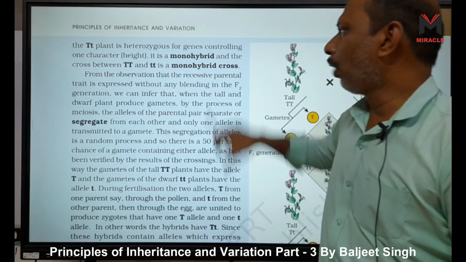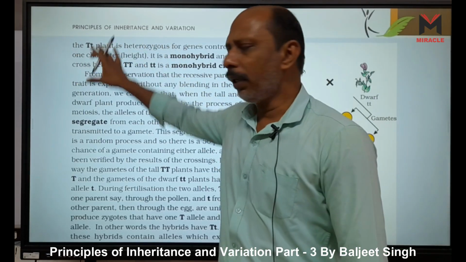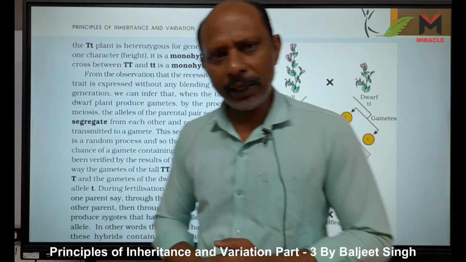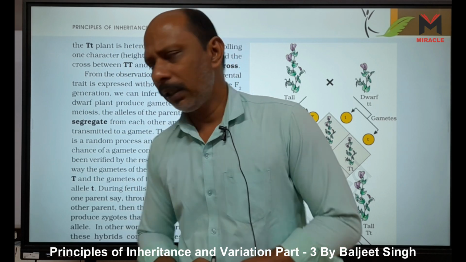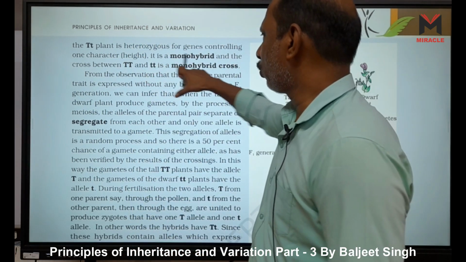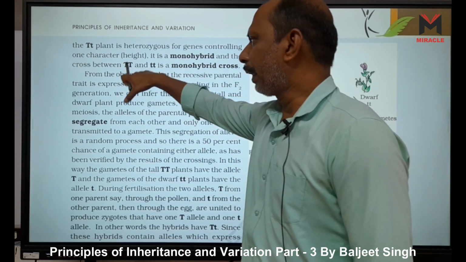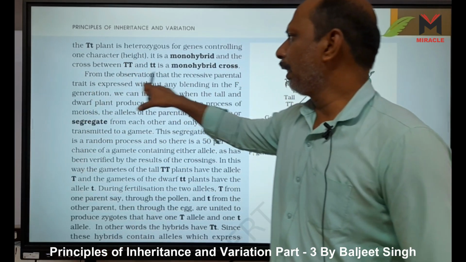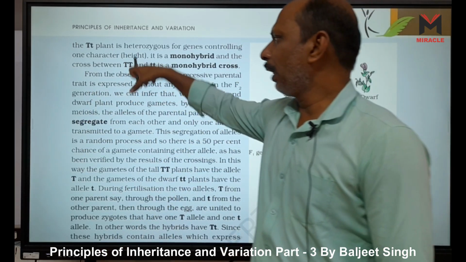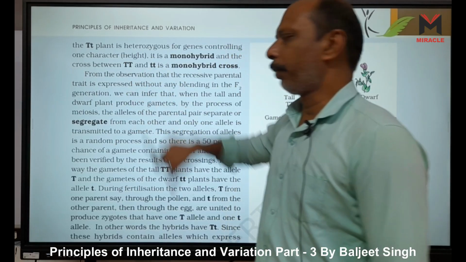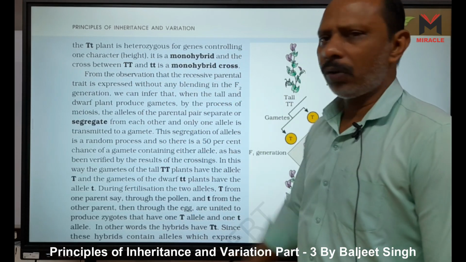It is a monohybrid, because we use only one trait, tallness or height of the plant, so it is crossed. This is called a monohybrid cross between a capital T pure breed and a small t pure breed, meaning a tall pure breed and a dwarf pure breed.